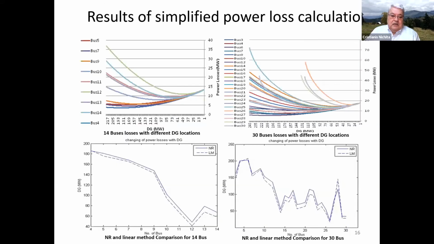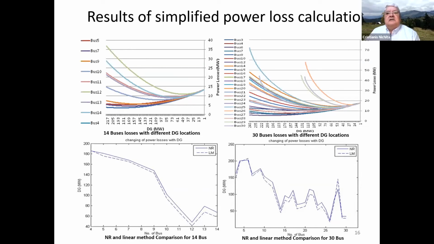So in this slide we have different results where the distributed generators are located differently. For example, here we have 14 bus losses with different DG locations. So we could make this comparison with the linear method using the Newton-Raphson algorithm.